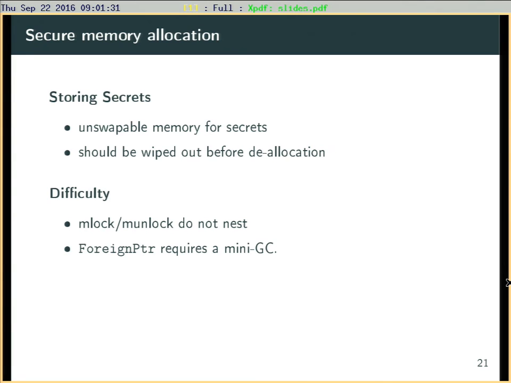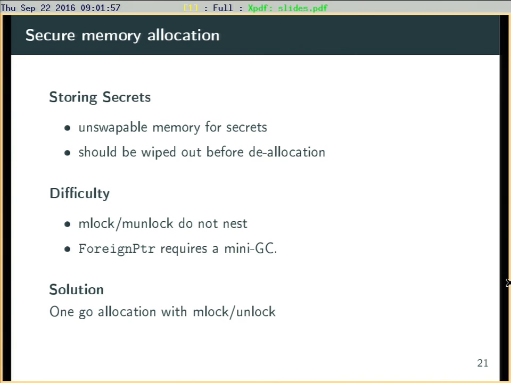So you can't use, for example, foreign pointers with an appropriate finalization routine, because if two buffers overlap in a page, then unlocking one would unlock the other. If you want to implement a secure memory, you would be forced to implement a mini GC inside your library, and this is not very good.